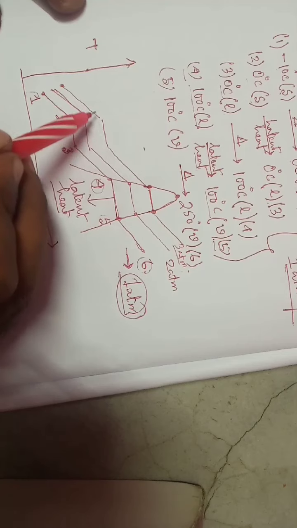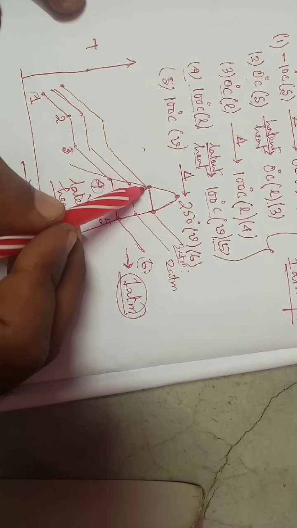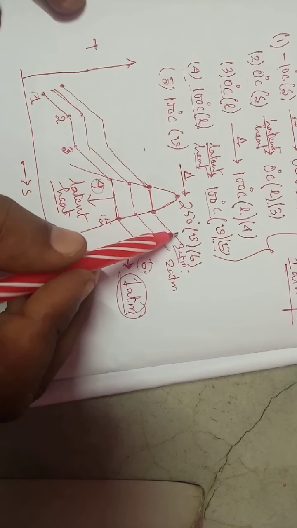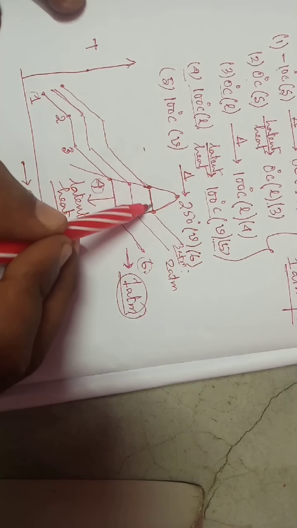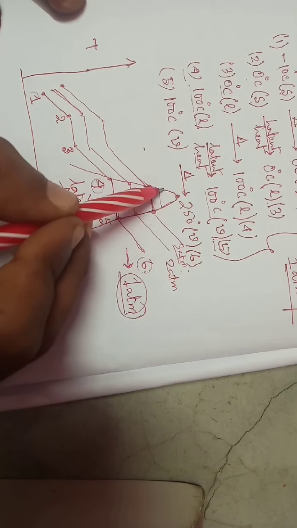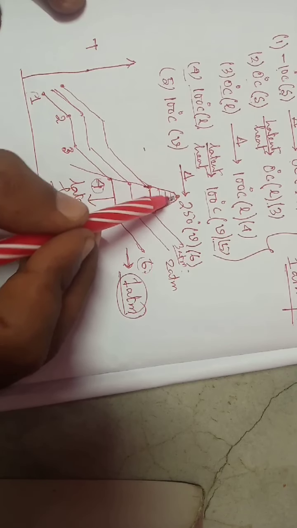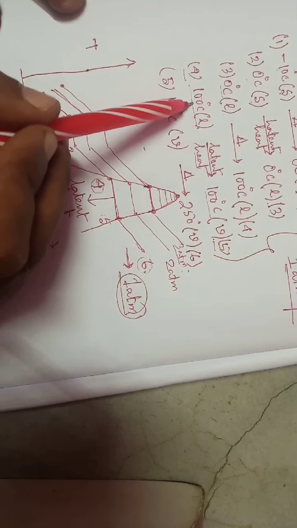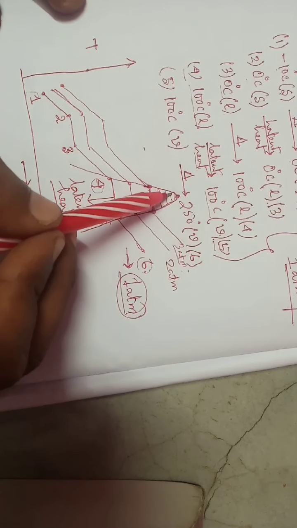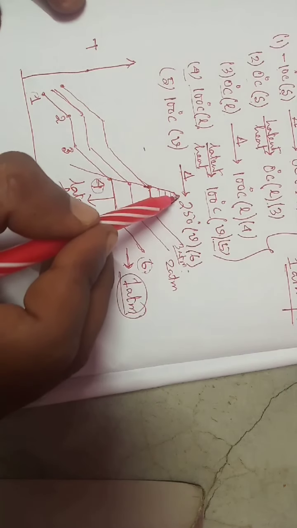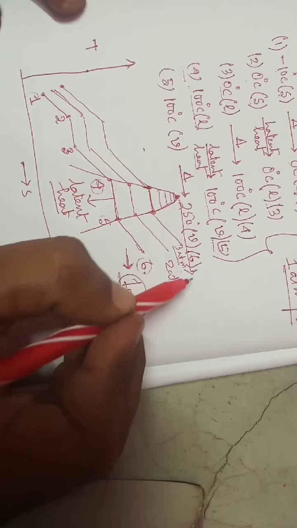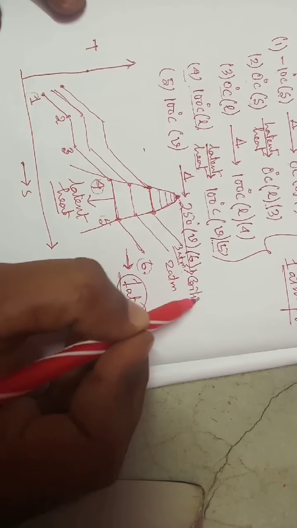So from the diagram we are sure that if the pressure is increased, then the latent heat is reduced. Ultimately a point will be there where to convert liquid into vapor no latent heat is required. This point is called the critical point.